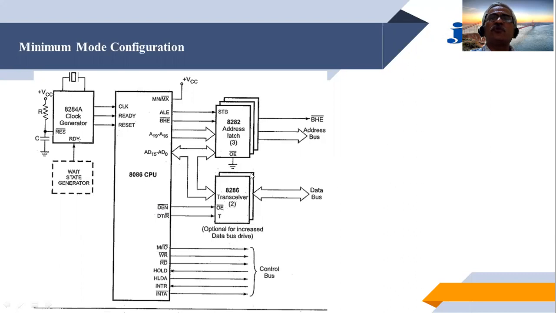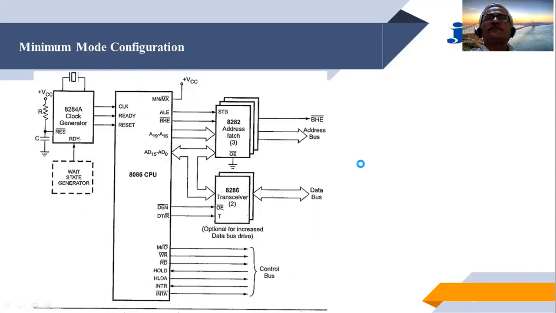When it is low, the chip is activated. When DT/R bar is low, the IC is set for the receive operation. When it is high, the IC is selected for the transmit operation.